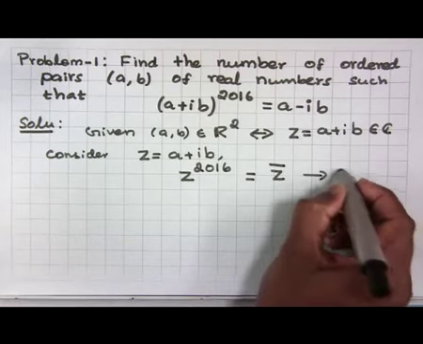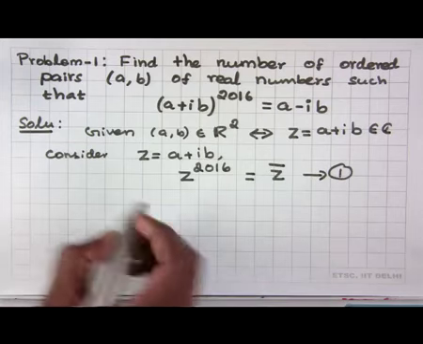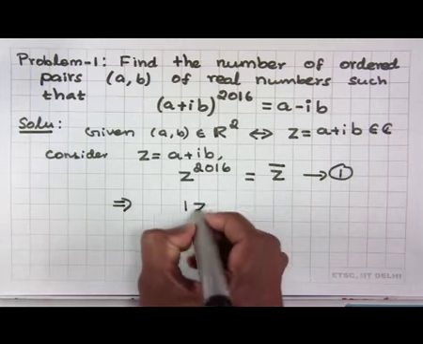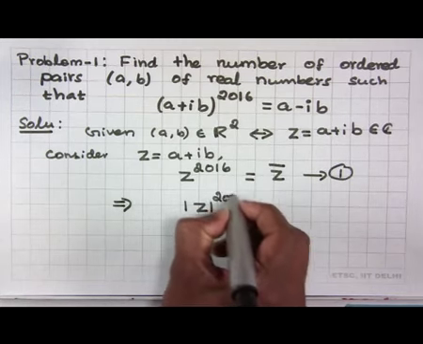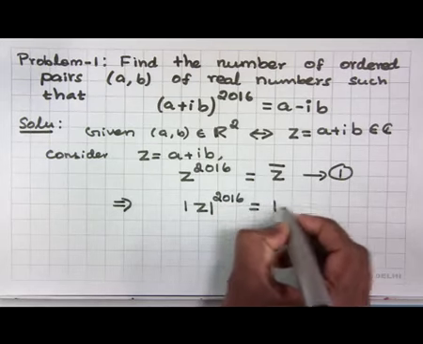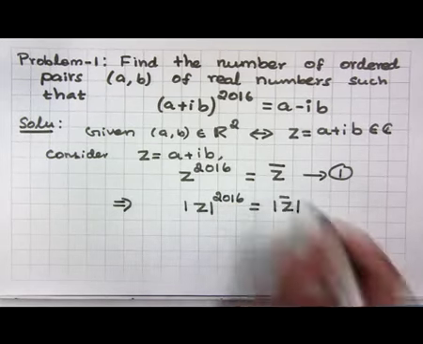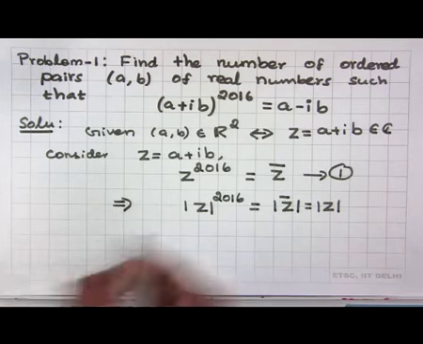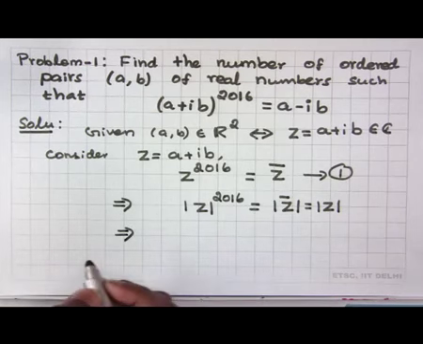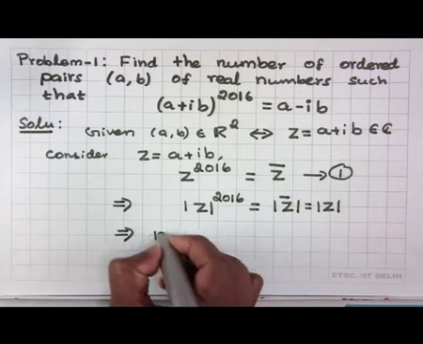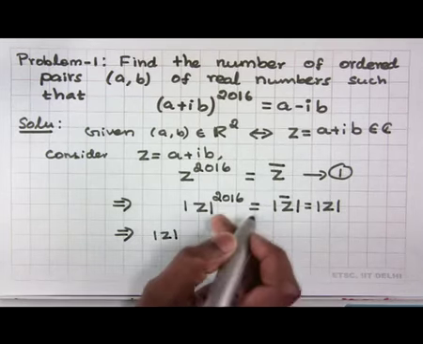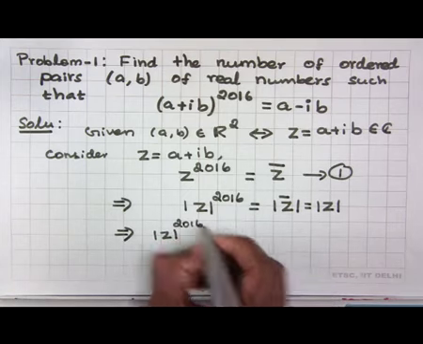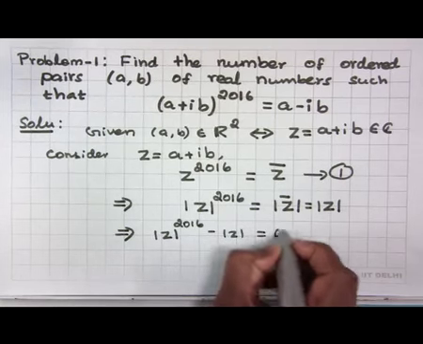From this equation, the observation is, if we apply the modulus, we see that modulus of z power 2016 must be equal to modulus of z bar, which is the same as mod z, which implies that mod z, bring to the left hand side, we have mod z power 2016 minus mod z must be equal to 0.